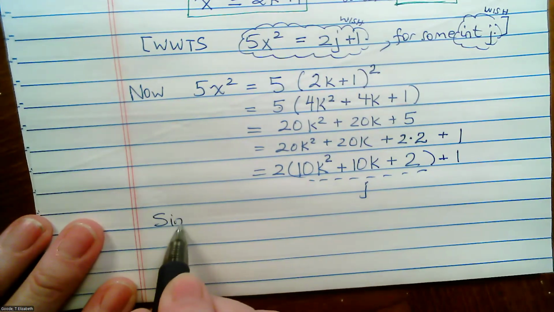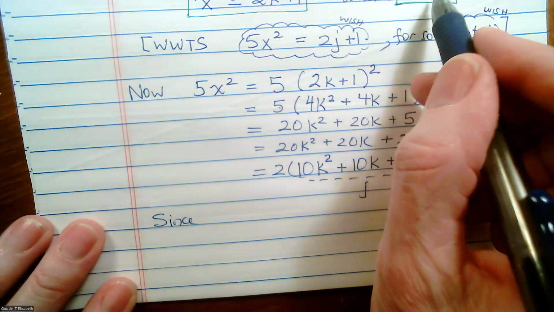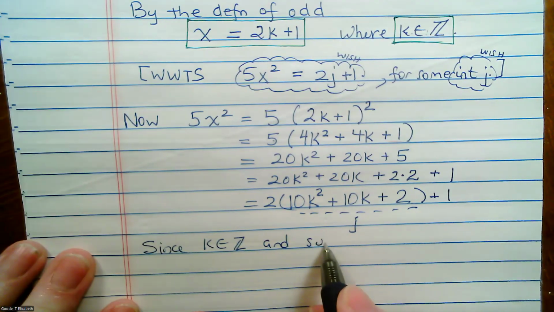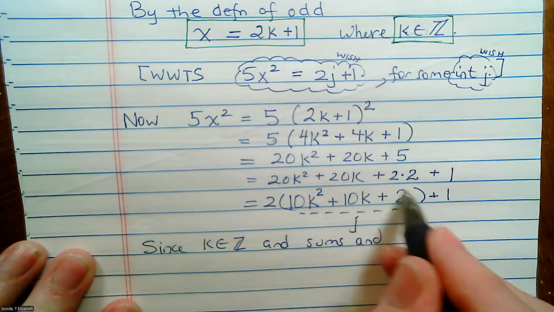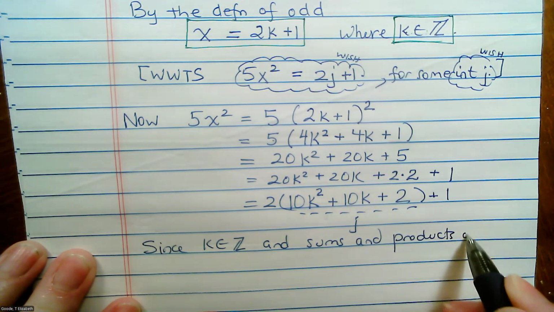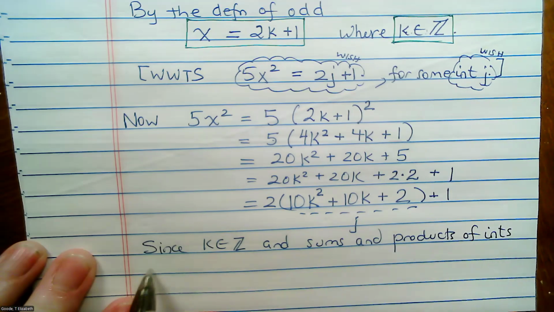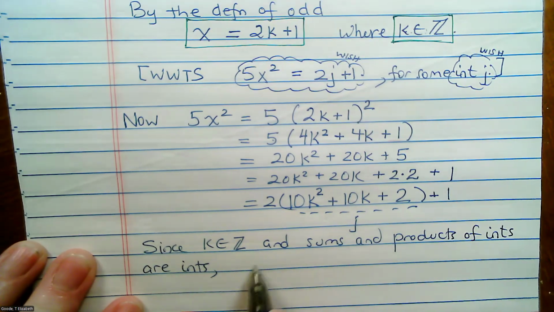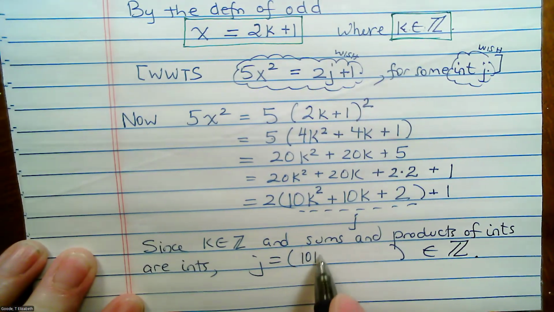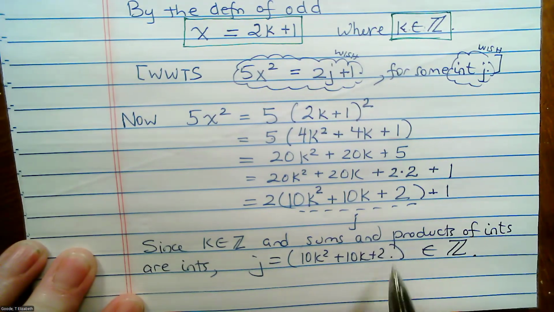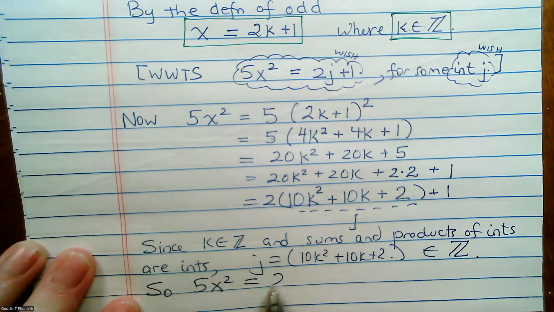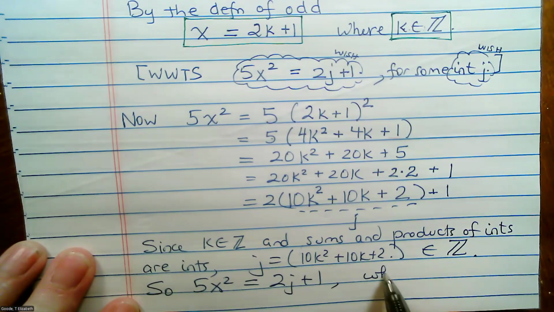And so we say, since k is in z, and sums and products of integers are integers, because this is being built by adding and multiplying, j, that whole thing, is definitely in z. So 5x squared winds up equaling 2j plus 1, where j is in z.